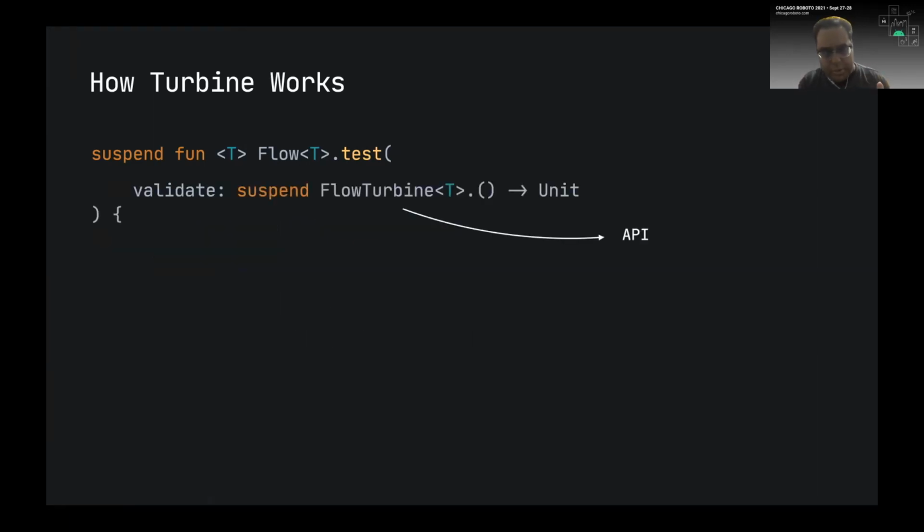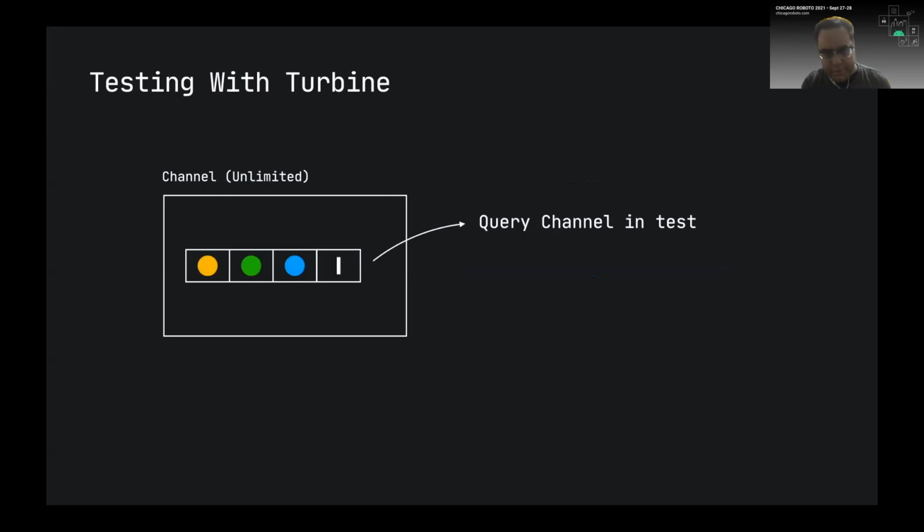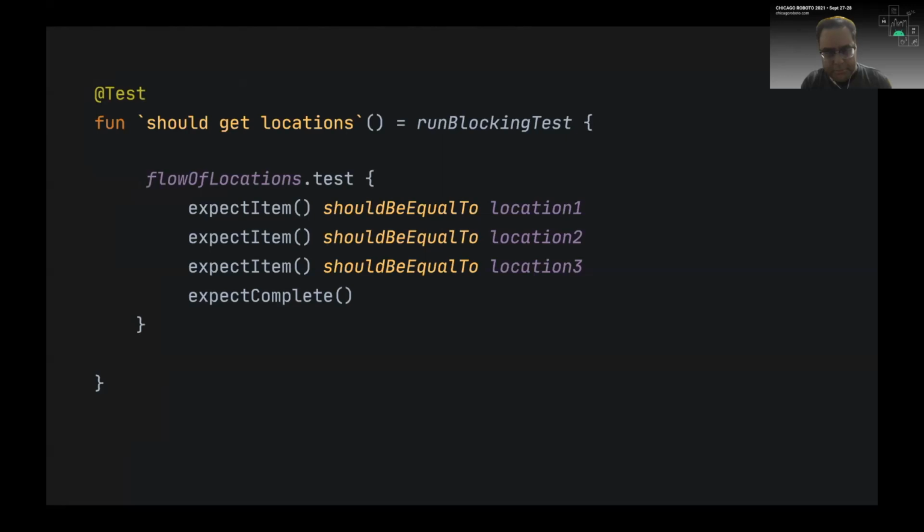And then you're able to utilize the methods in the flow turbine class to query this channel. So it takes everything into this channel, and I could also verify if it's completed. So that's how this simple example works under the hood using Turbine.